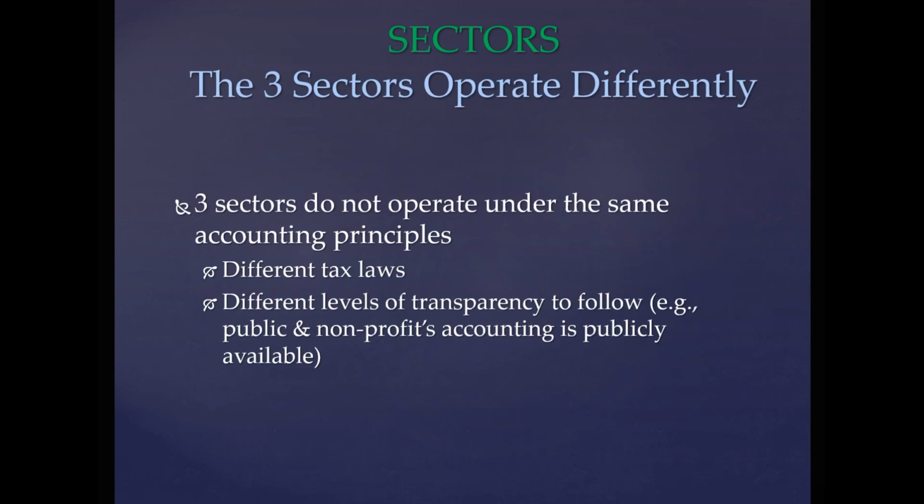The three sectors, though, operate differently. They don't really operate under the same accounting principles. They have different tax laws, different levels of transparency to follow. For example, in the public and not-for-profit sectors, accounting is publicly available, but you can't Google and find a private or commercial organization's financial information.